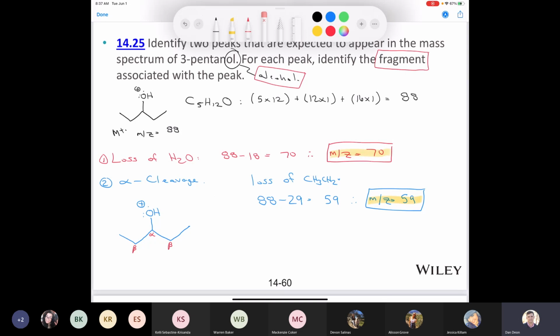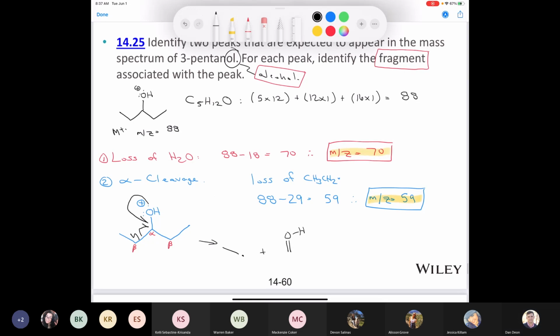But what it's going to look like is something like this. You end up with a radical coming in here, and then you form a double bond there, and then you lose the ethyl radical. So you end up with the ethyl radical, but then you end up with something that looks like this, where you have a lone pair here, like that.